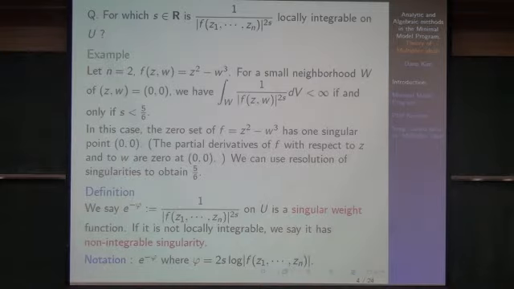And here's a piece of notation which is exponential minus phi. We often want to write this singular weight as exponential minus phi, where phi is 2s log of absolute value of this holomorphic function f.